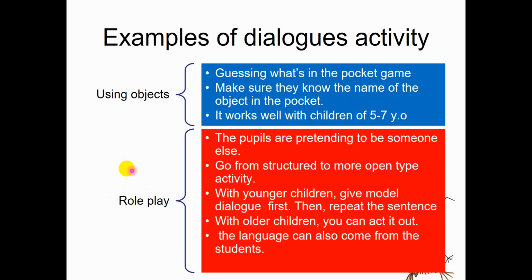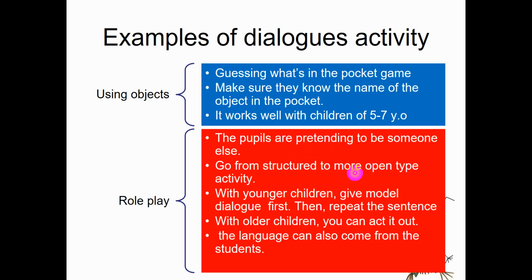If you want to use role play in the class, make the children pretend to be someone else. They like pretending to be someone. Remember to go from the structured to more open type activity. What is the structured activity? Same as the controlled practice. Again, the movement is from controlled, guided, to the freer activity.